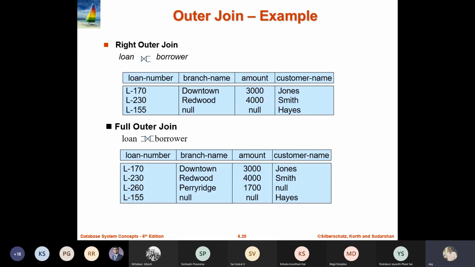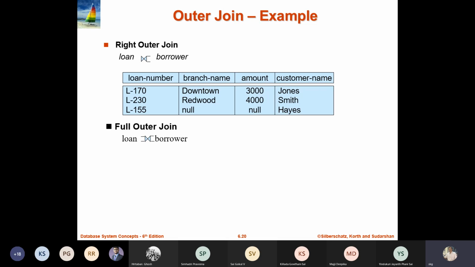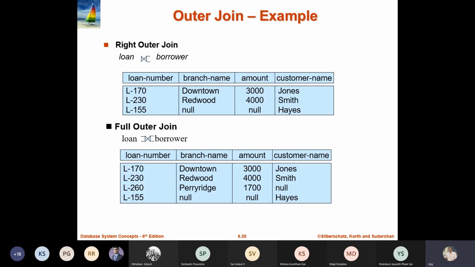And here, for the customer name with loan number 155, there is no loan amount or branch name, since there is no entry in the loan table, so both are kept as null, right? So we have the left outer join and the right outer join, and then we have the full outer join.